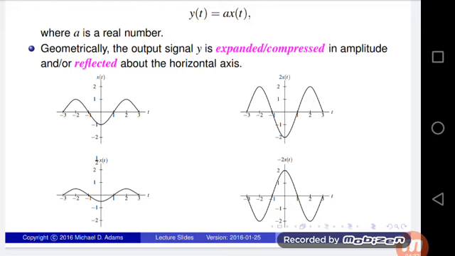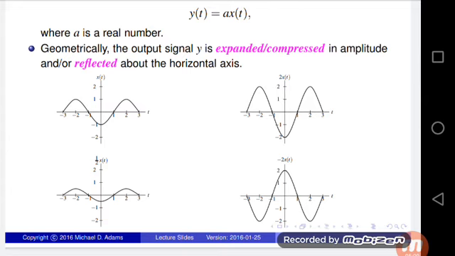But in half x of t, the signal lies between half and -half, or 0.5 to -0.5. That means the signal will be compressed compared to x of t.